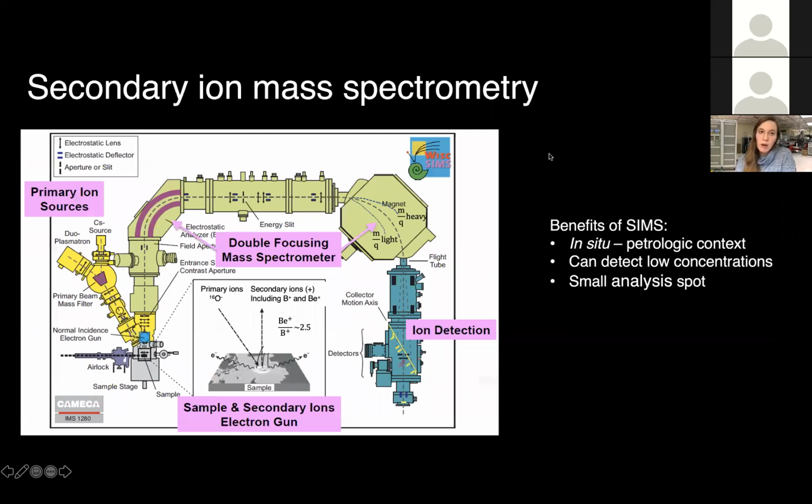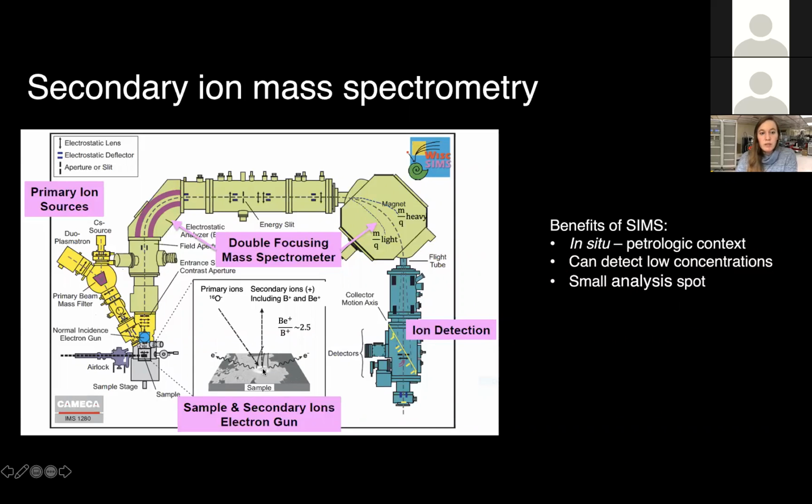Once I did that, I brought my samples to a secondary ion mass spectrometer. And so this is a schematic of one such mass spectrometer, and I'll just briefly describe how it works. So here is where the sample sits, and this is where the primary ion beam is produced, and that is focused on this column to hit the sample.